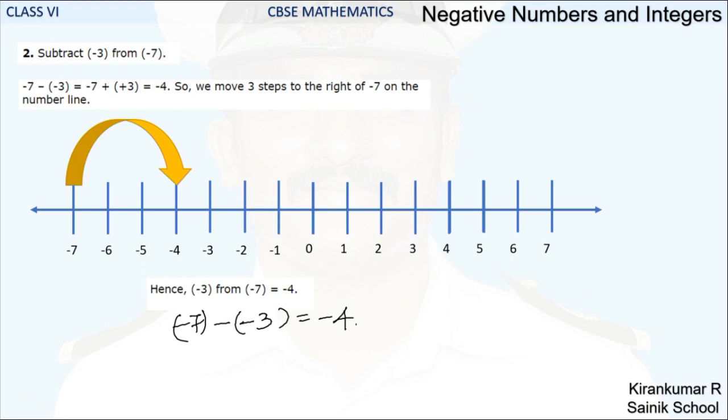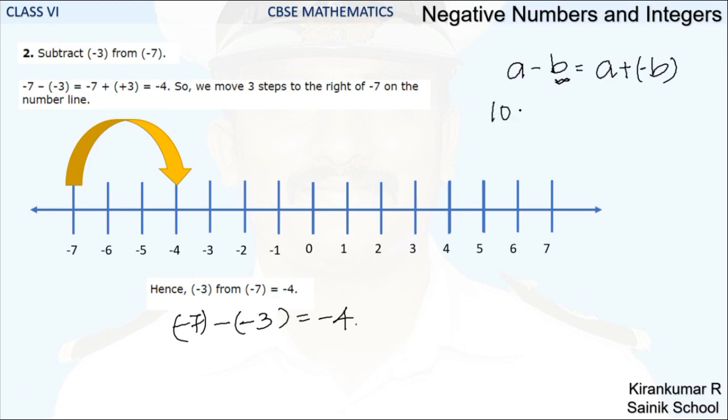So what did we learn now? When an integer b is subtracted from another integer a, instead of doing this, we add by taking the additive inverse of b. Instead of saying additive inverse, I may also say: to subtract b from a, we need to change the sign of b and then add it to a.